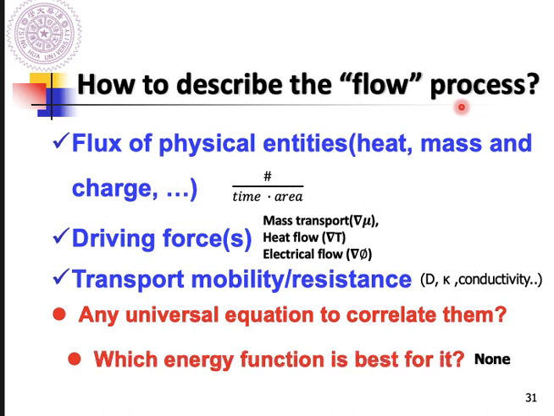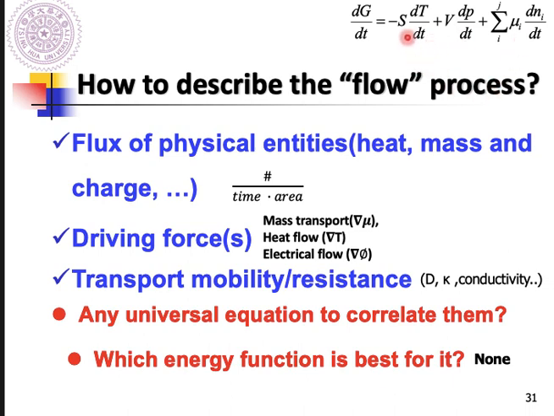And we also emphasized that none of the energy state functions is best to describe this flow process. The reason is, like we said, in order to determine the change rate of Gibbs free energy, you need to sum up all these three terms.